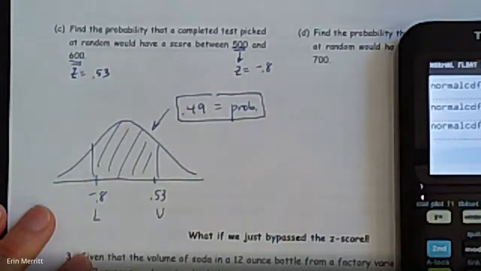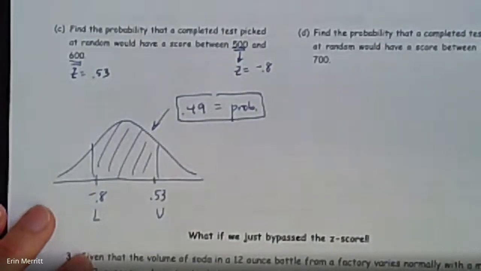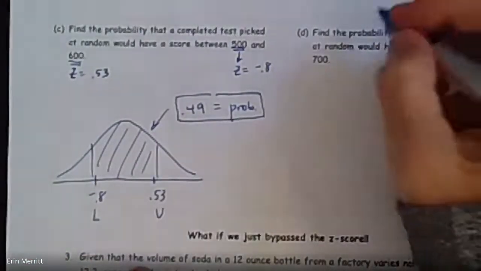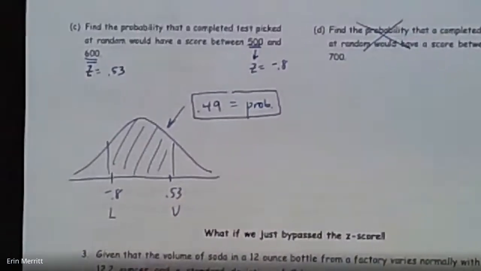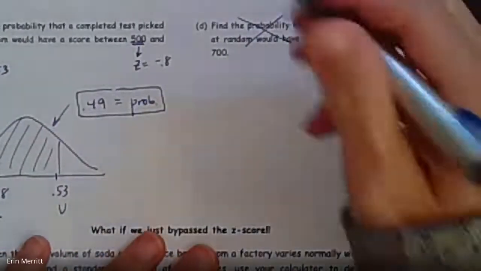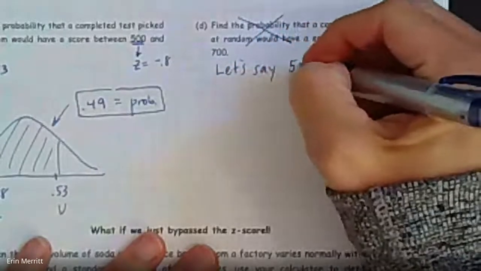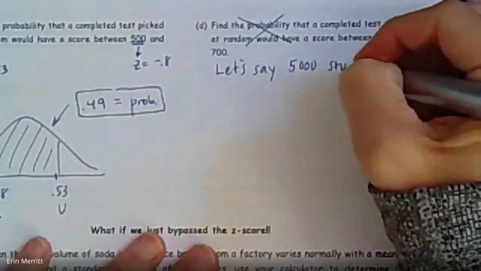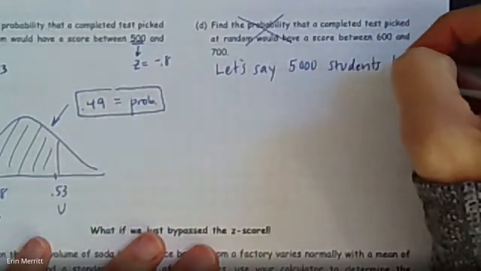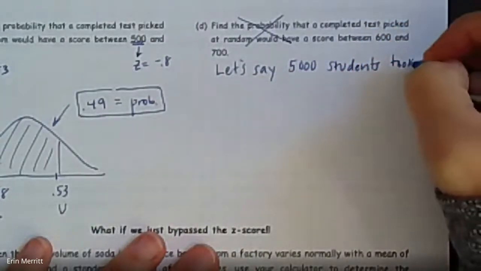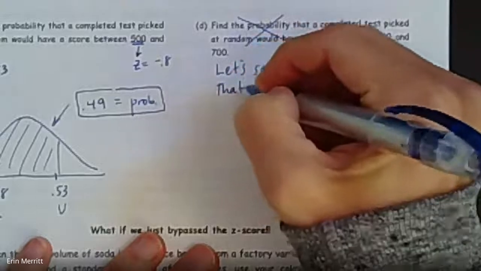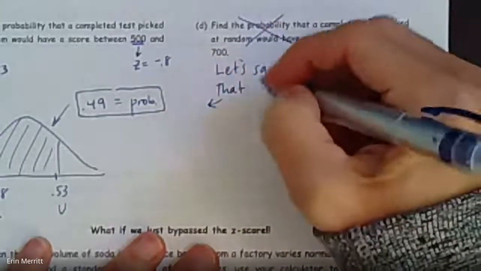All right. Now, part D, I actually want to change the question to part D. So get rid of it. Pretend you didn't see it. All right. For part D, what I want to do instead is say, all right, well, let's say that 5,000 students took this particular SAT.